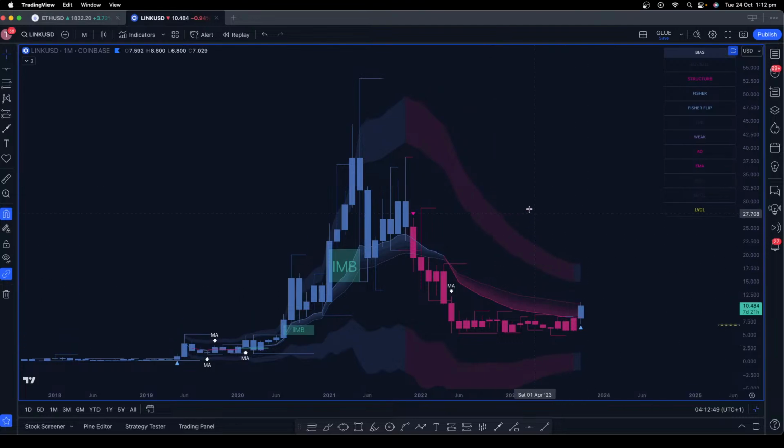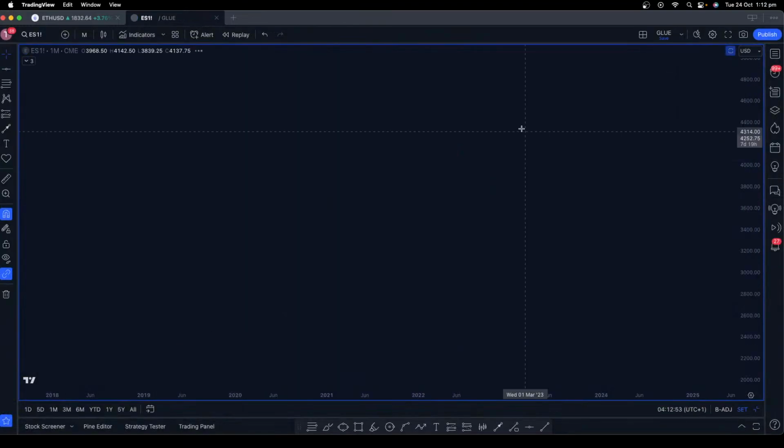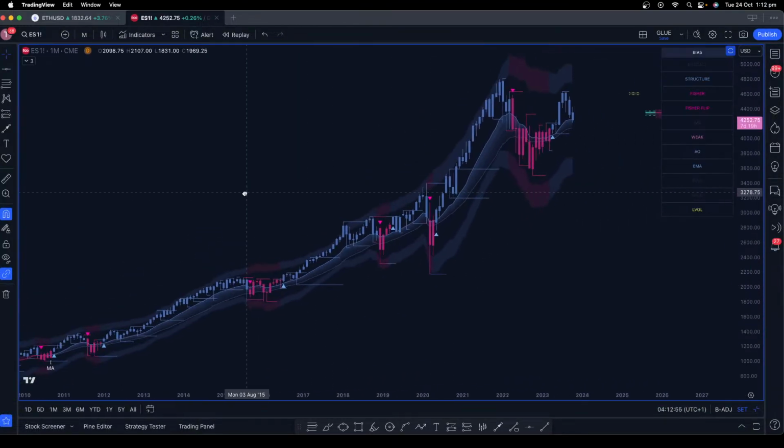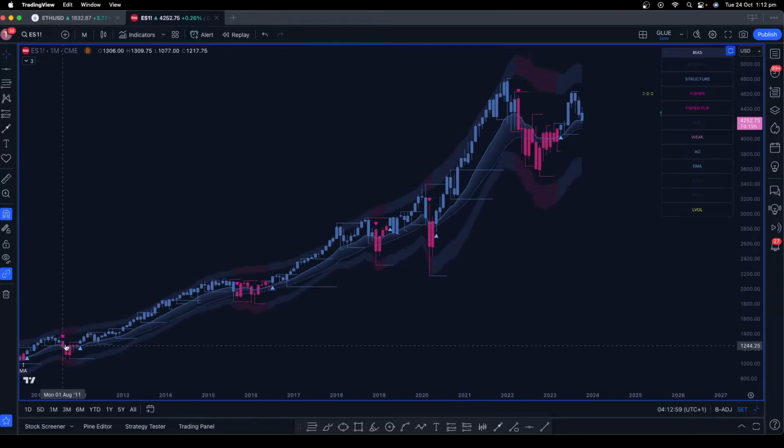When you look at a market like the ES, for example, it moves very differently to Bitcoin. Notice how this moves compared to Bitcoin. It goes up, it pulls back, moves up, pulls back, moves up, pulls back. It's a very, very efficient price movement.